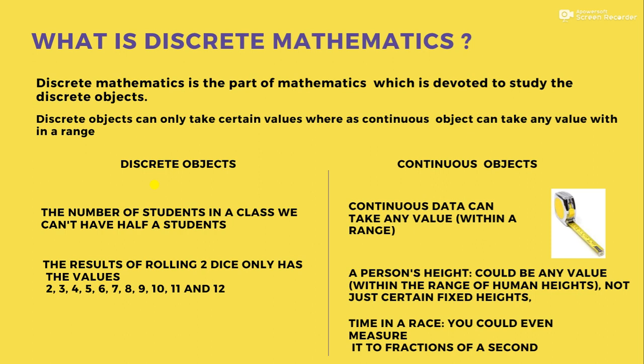Here we are going to see the tools that are used to solve problems regarding discrete objects, and we are not going to study the concepts of continuous in this field of mathematics. So discrete mathematics is the part of mathematics specially devoted to study the behavior of discrete objects, and discrete objects are those objects which can take certain values.